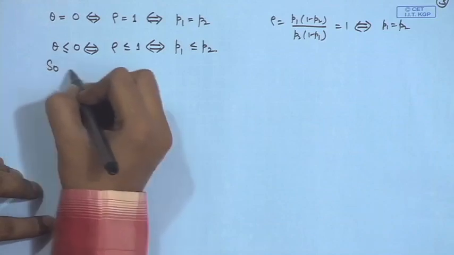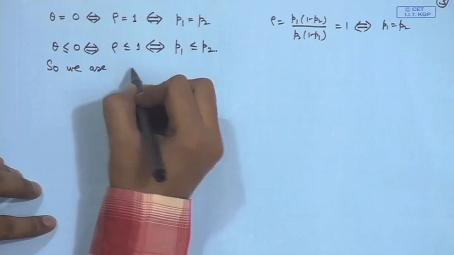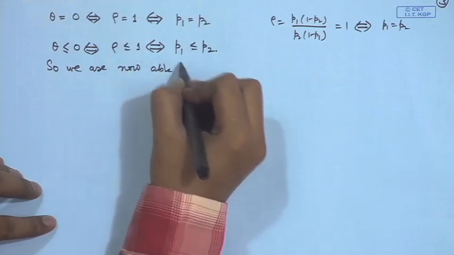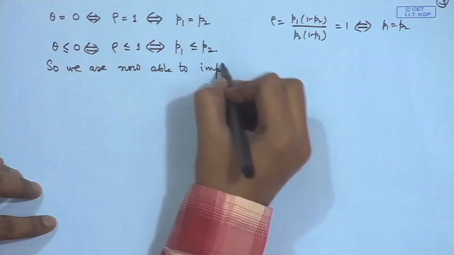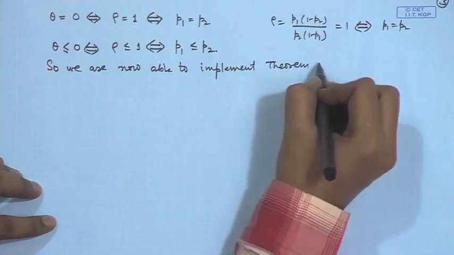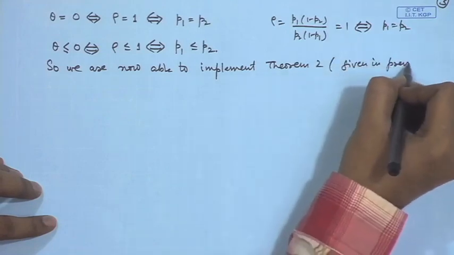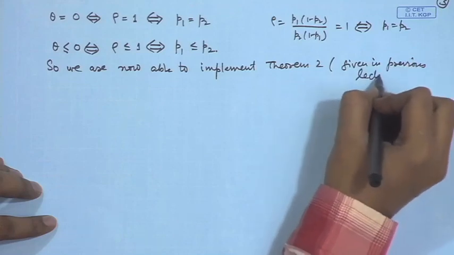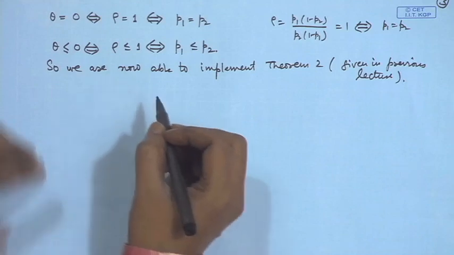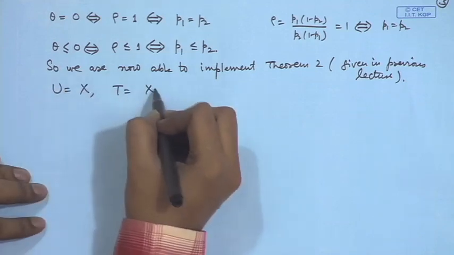So, we are now able to implement theorem 2 given in the previous lecture. And I have already written that u is actually equal to x and t is equal to x plus y.